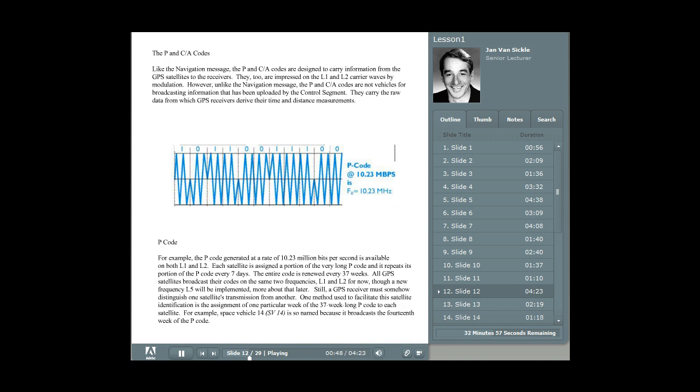Now, the way that these codes are impressed onto the carrier is an important piece of information. For example, when you listen to a radio in your car and the announcer says you're listening to, let's say, 760 megahertz, well, of course, you're not listening to 760 megahertz. If you could hear it, it would be a constant buzz.